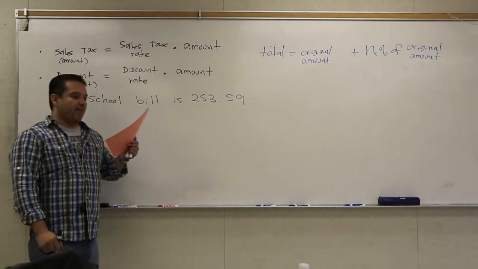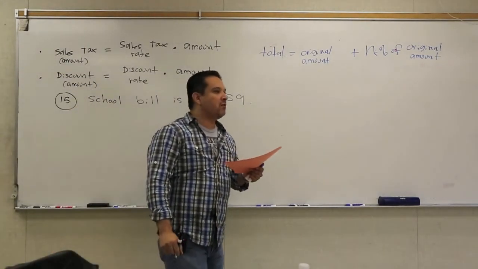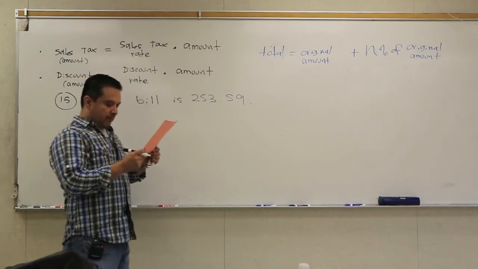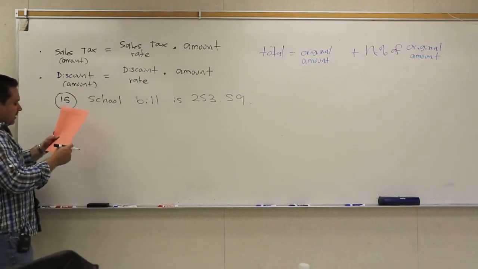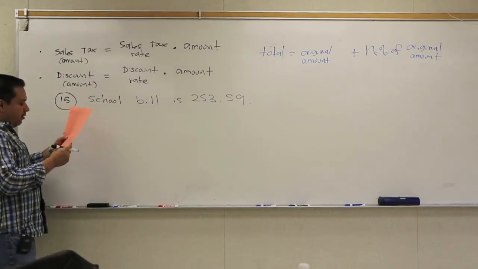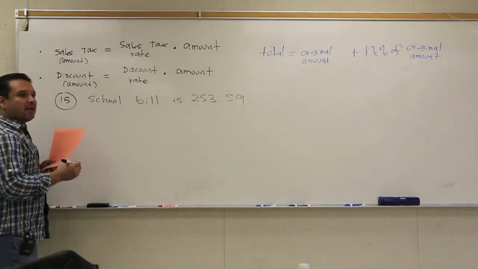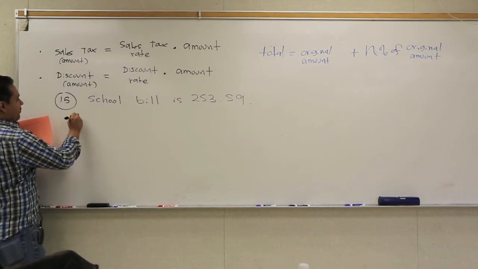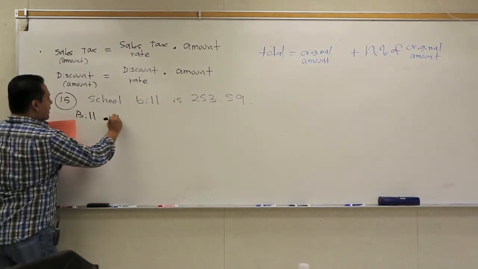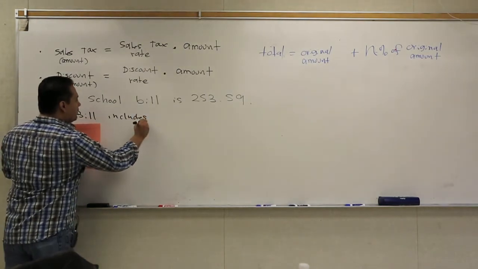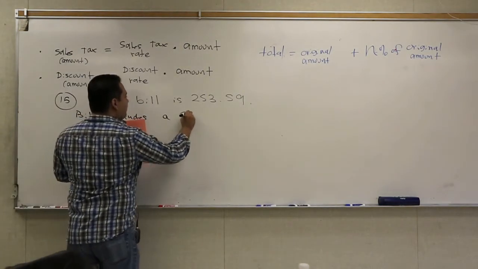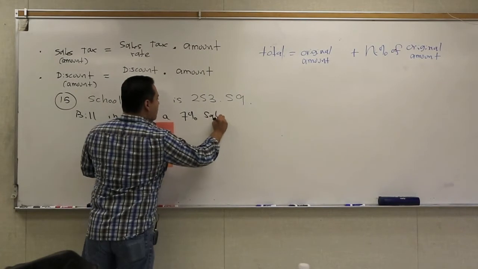Okay, they say they bought educational software. Fine. Well, what else do they say? The bill incorrectly included a 7% sales tax. Okay? So this bill includes a 7% sales tax.